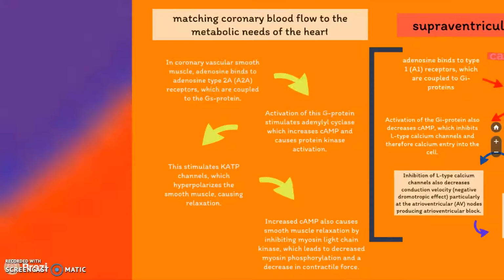This stimulates potassium ATP channels, which hyperpolarizes the smooth muscle, causing relaxation. Increased cAMP also causes smooth muscle relaxation by inhibiting myosin light chain kinase, which leads to decreased myosin phosphorylation and a decrease in contractile force.